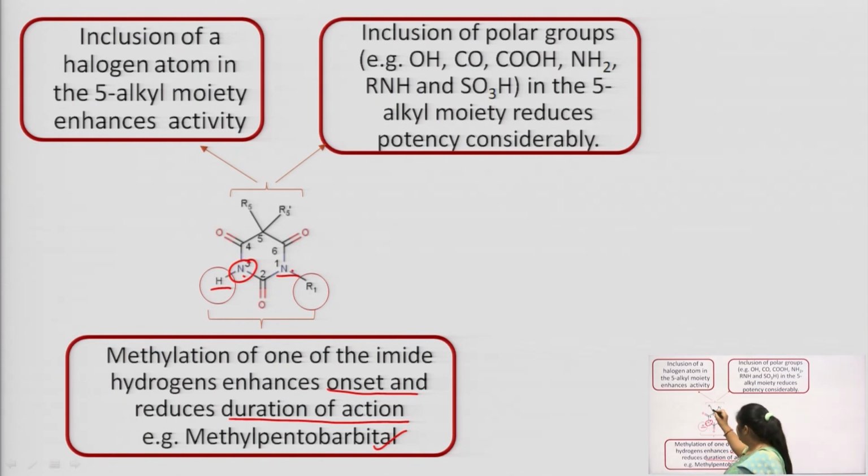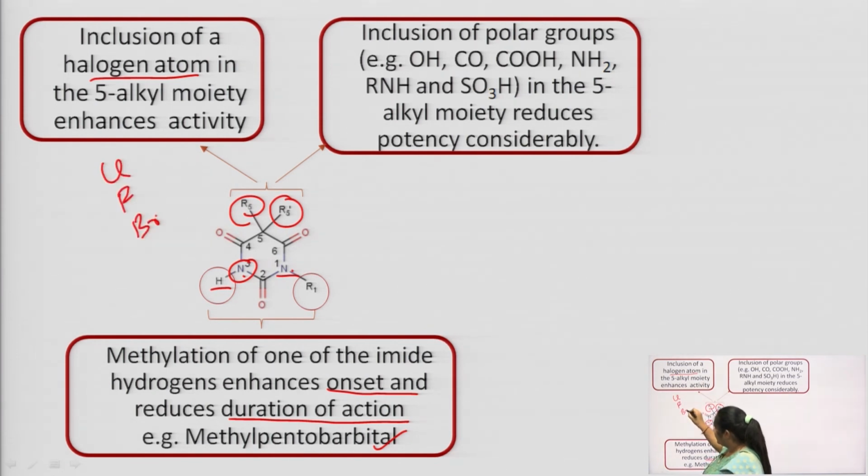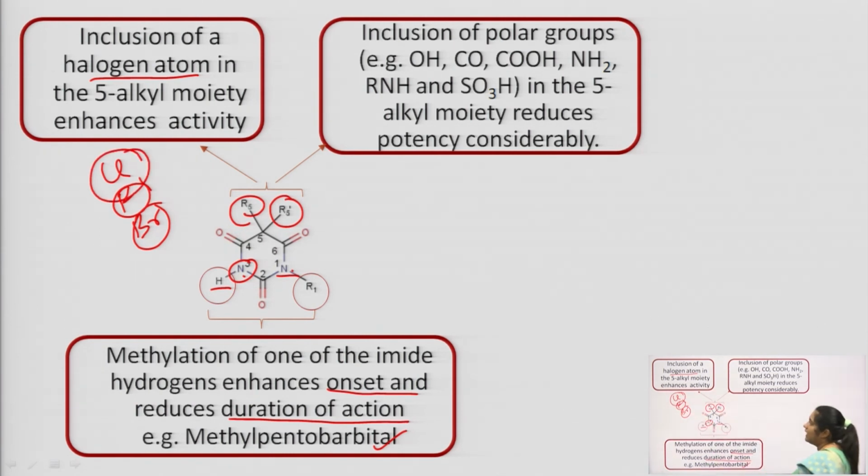Now, if we are talking about the substituents at position number R5 and R5 dash, if we include any halogen, chlorine, fluorine or bromine atom at this position as a substituent, that will enhance the activity.